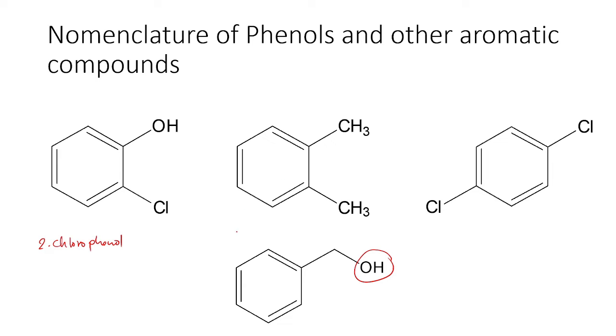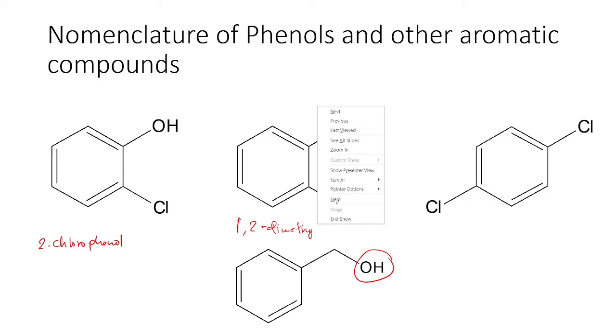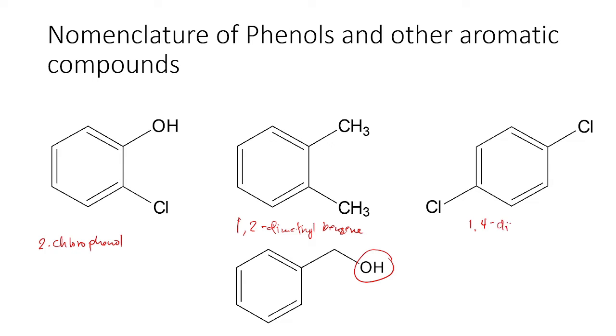So, this will be our 1,2-dimethylbenzene. Right? And we have here 1,4-dichlorobenzene. And as we can see here, we actually have here benzyl methanol.